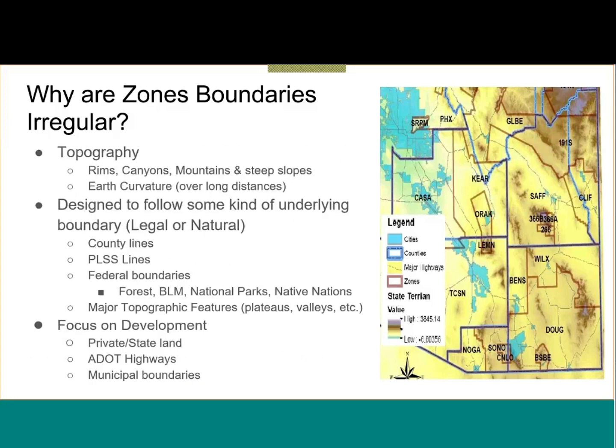So again, why are those zones irregular in shape? It's predominantly driven by topography. Arizona is an extremely bumpy state with lots of extremes in height and depth. And these zone boundaries are following county lines where we could, because those are nice and intuitive, but typically they're following federal boundaries, which could be parks or nations, et cetera, and definitely following major topographic features.